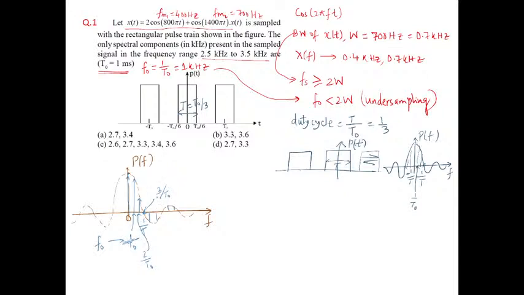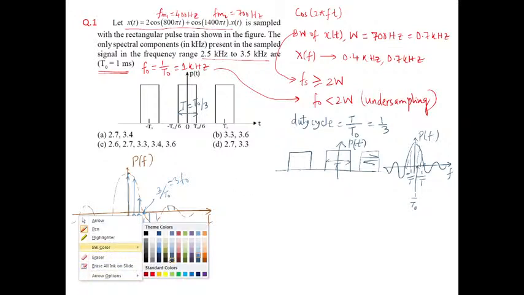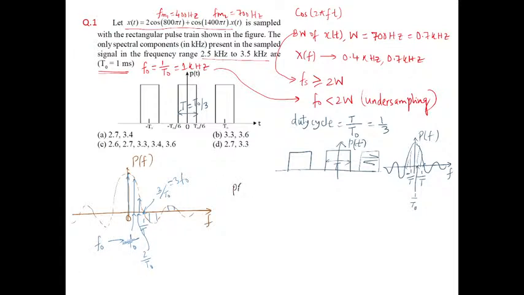All the frequency components which are integer multiples of 3 upon T naught, or simply 3 f naught, will be absent in P(f). So the frequency components present in P(f) are 1 kilohertz, 2 kilohertz, then 4 kilohertz, 5 kilohertz, then 7 kilohertz, and so on.